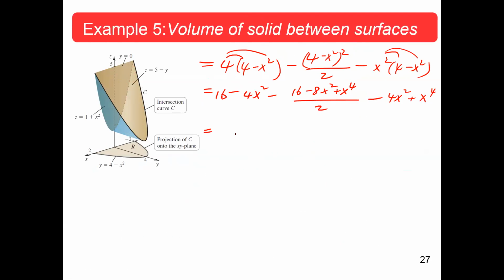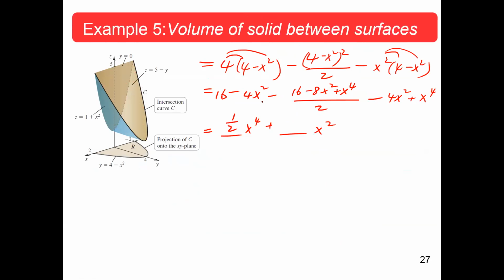Eventually, let's count how many x to the 4th there are. We have negative 1/2 x to the 4th and plus 1 x to the 4th, so 1/2 x to the 4th. And how many x squared do we have?